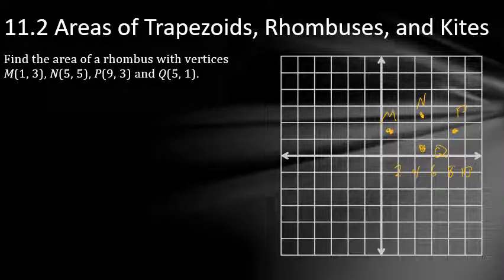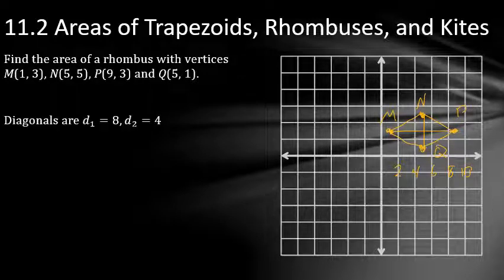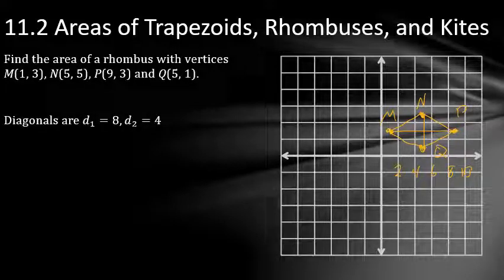Then since it's a rhombus, we can connect them all. The area requires the lengths of the diagonals. The diagonals are 8, that's from M to P. You can just count it, or 9 minus 1 is 8. And the other diagonal is 4, that would be N to Q. You can count it on the graph, or say 5 minus 1 is 4.